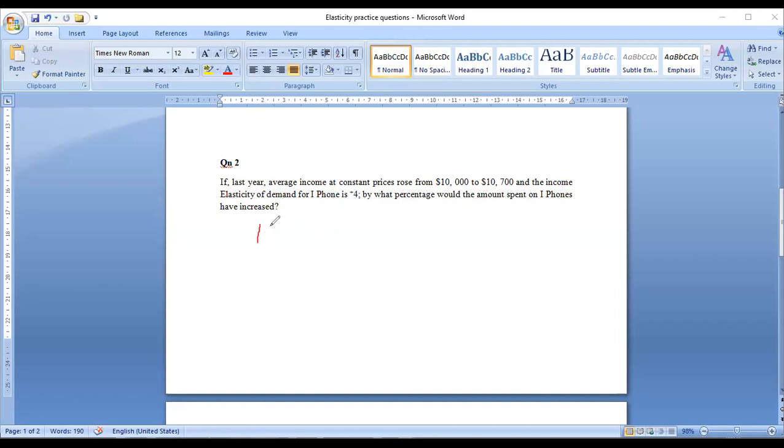Income elasticity of demand, you can call it I or Y, is the percentage change in the quantity demanded of a product divided by the percentage change in the income of the consumer.